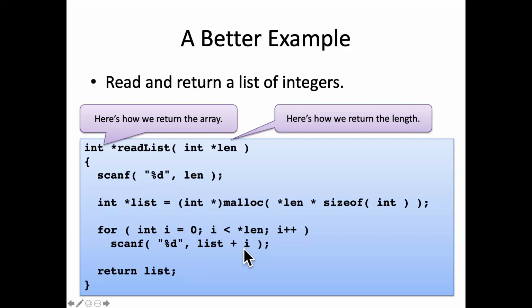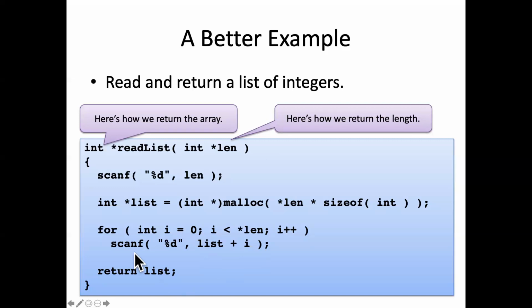Here, I'm showing off pointer arithmetic. If list is an array, you could have put square brackets after it and then put an i inside the square brackets and put an ampersand in front. But this does the same thing. Remember, pointer arithmetic, if you give it a pointer and then you add an integer to that pointer, you get the address of the ith element of that array.